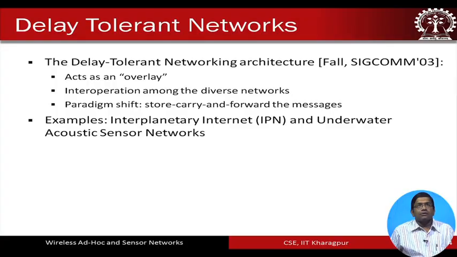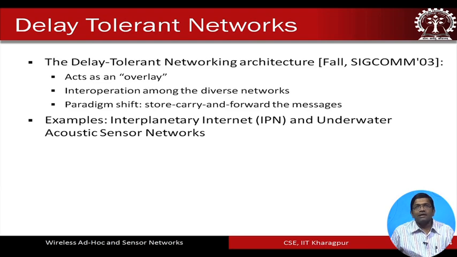That is why they are termed challenged networks. The whole issue is how to establish communication in these challenged networks. A delay tolerant network is a type of challenged network. In short, delay tolerant networks are known as DTNs.